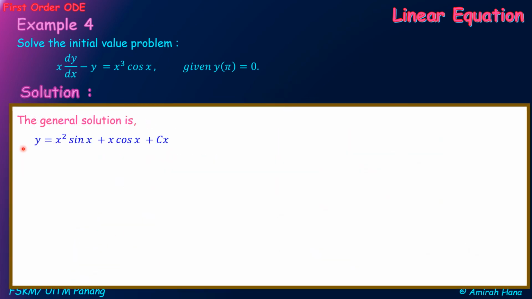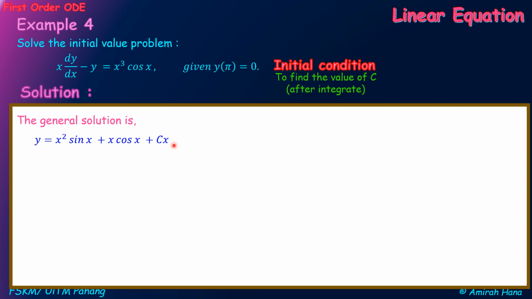From the previous slide, we get the general solution is y equals x squared sin x plus x cos x plus cx. Right? We are given the initial condition. Okay, that means we need to find the value of c after we integrate. Right? If the initial condition is not given, this is our final answer.